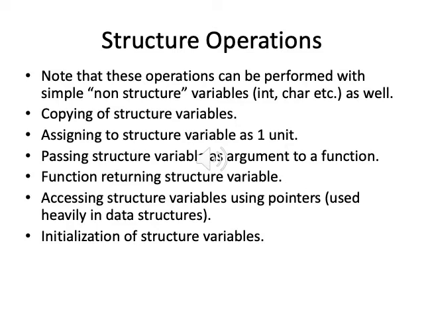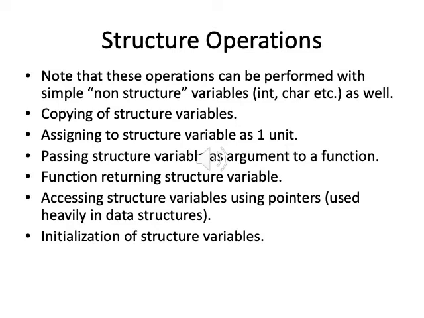Next is accessing structure variables using pointers. This we looked at for regular variables, how we can manipulate them indirectly using pointers. Similarly, using pointers, we can manipulate structure variables as well. This is going to be used very heavily in data structures, so we'll come to that and discuss it. And then the last one is initialization of structure variables.